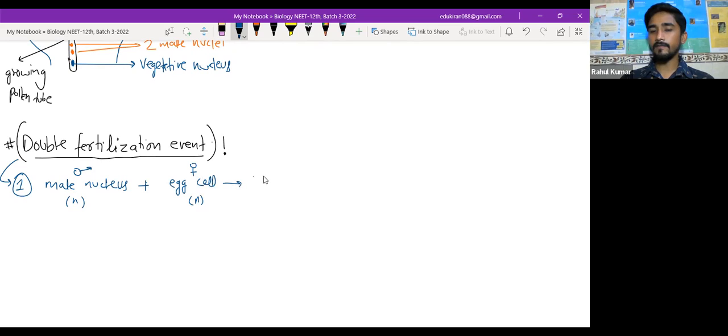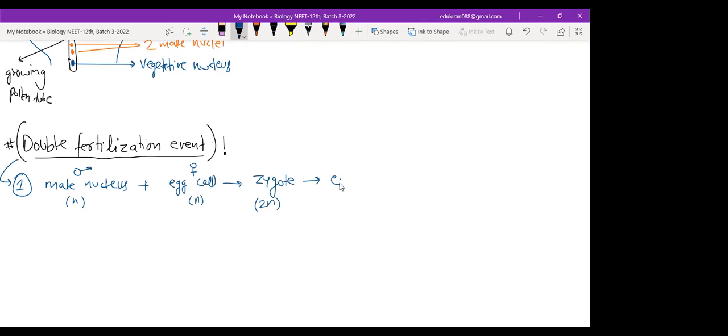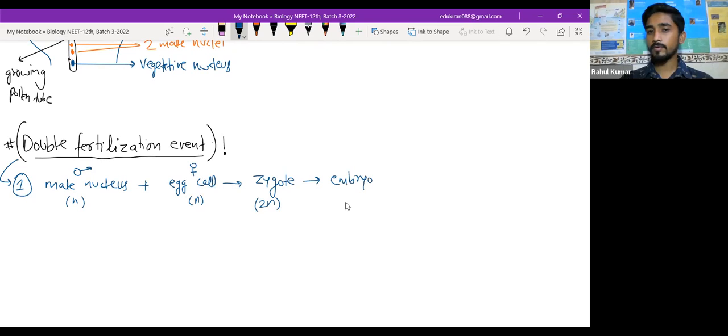And clearly it will form a zygote, and the zygote will be diploid. This zygote will go on to form the embryo, which again is diploid, and this embryo is present in the seed. Is this clear? This is the normal fertilization which you were expecting, right, Fatima?